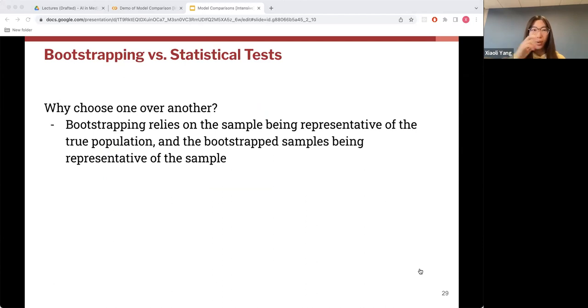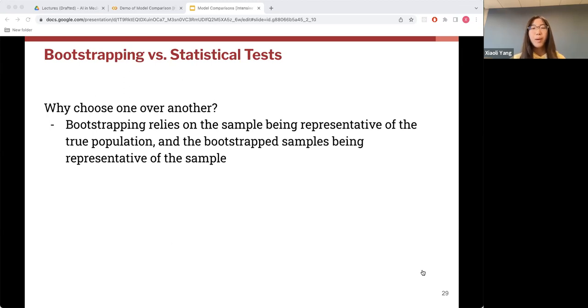So is it true that we always prefer bootstrapping? Actually, it is not. Because bootstrapping relies on the assumption that our sample is representative of the whole population. So it cannot avoid the problem of a sample size that is too small, and it cannot generalize to the true population. It will be hard, because say you have a really complicated distribution, but you only have 20 data points. How can you generate a really great bootstrapped distribution from that?